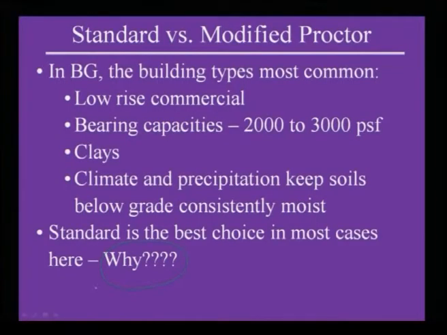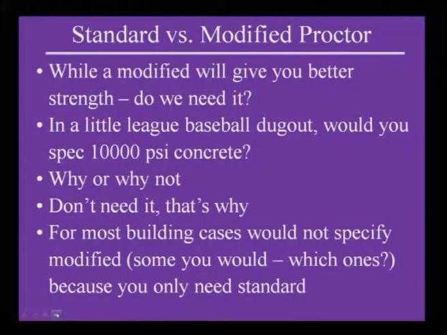You tell why the standard Proctor test is a better choice than the modified Proctor test. While a modified will give you better strength, it is often not needed. That's why for most building cases you would not specify modified, because you only need standard.